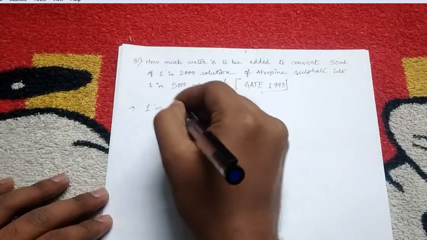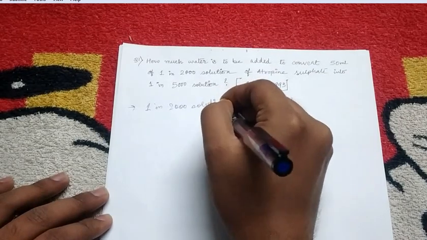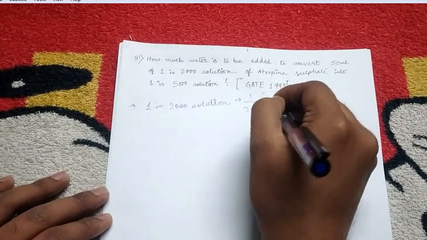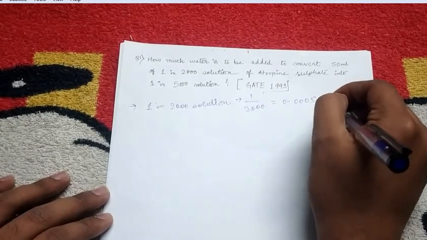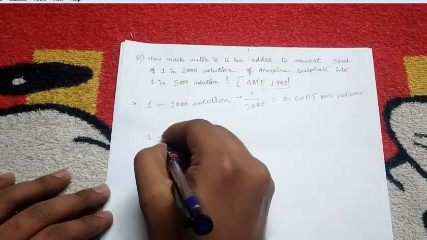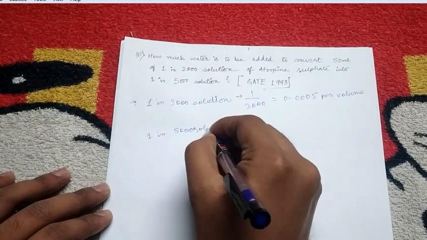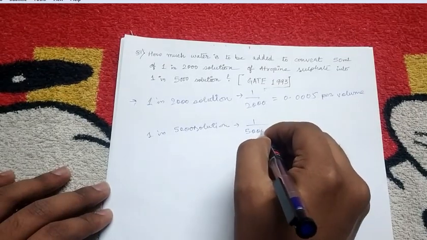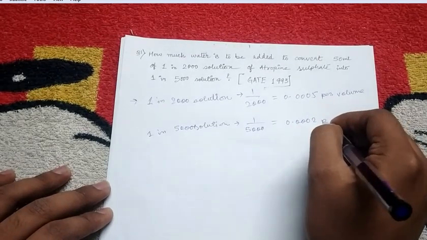So 1 in 2000 solution means 1 by 2000, that is 0.0005 per volume, and 1 in 5000 means 1 by 5000, that is 0.0002 per volume.